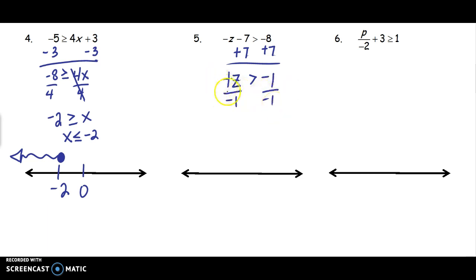There's those magic words again. Since we divided by a negative, our symbol must flip. So since it was greater than, it's now less than, and negative 1 divided by negative 1 is 1. So there's 0, there's 1. It's an open circle because it's not equal to, and again, it's to the left.